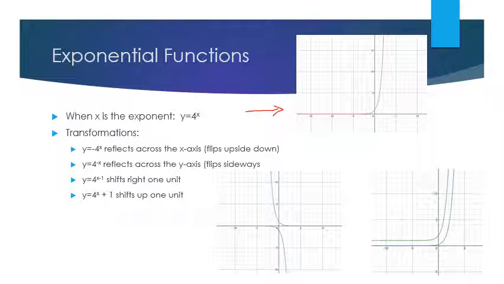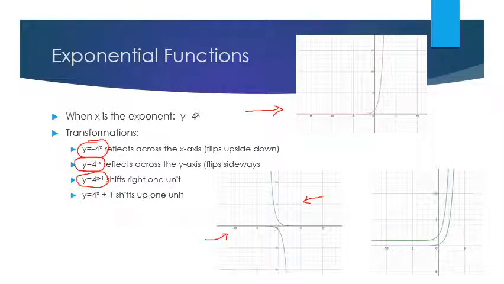Now let's say that you changed it out and you had y equals negative 4 to the x. Well, that would be reflected across the x-axis, and it would turn out to be like this blue one. It flips it upside down, reflects across the x-axis. What about if you have y equals 4 to the negative x? The exponent becomes negative. That flips over the y-axis, so it's going to be facing the other direction, like this green one. Okay? What if we add 1 to the exponent, or subtract 1 from the exponent?